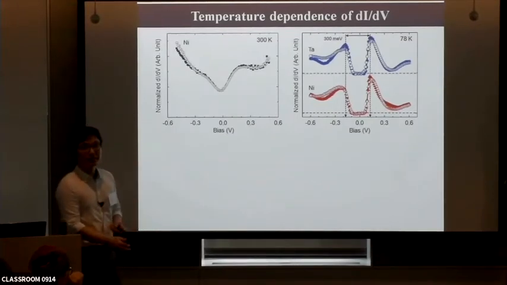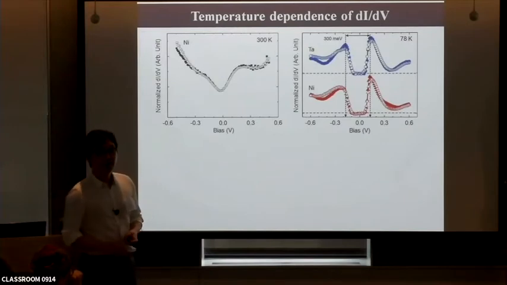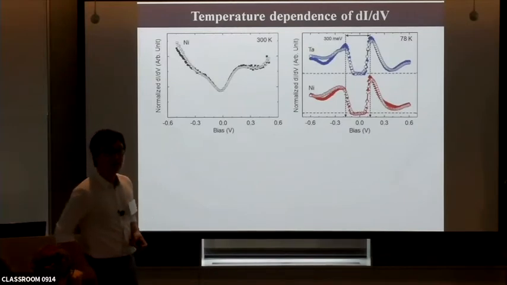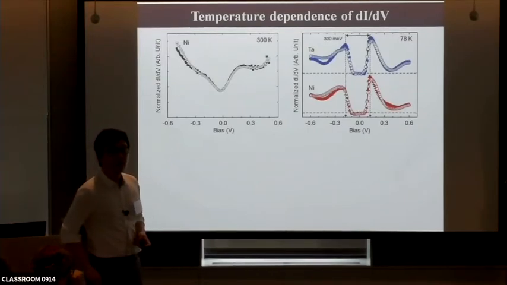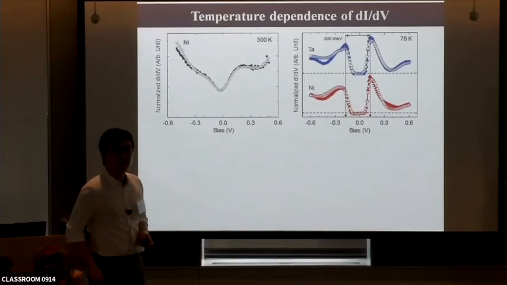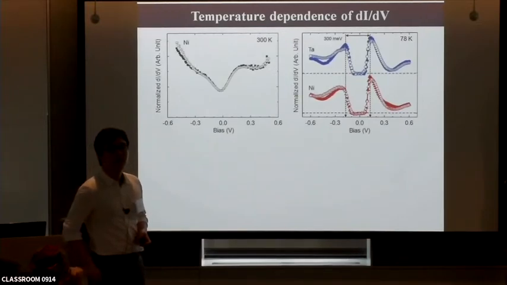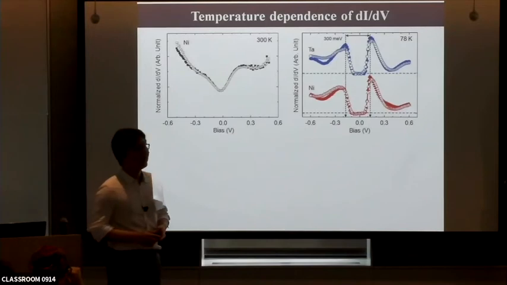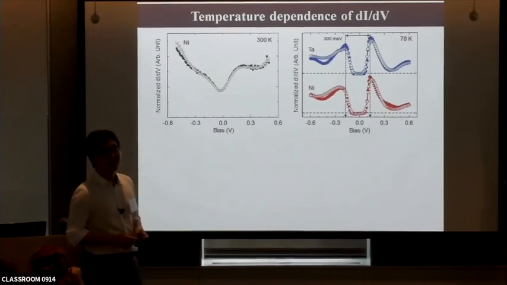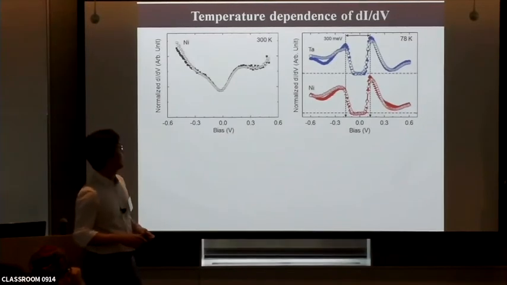A very, very naive question, but if you just take this data and extrapolate the gap, if you just take the slope and extrapolate to the place where the conductance goes to zero, you will find something like 170 millivolts. It's the same as the one in the optical. Probably. So it's the same. There's no controversy. It's some kind of semantic, definition issue.